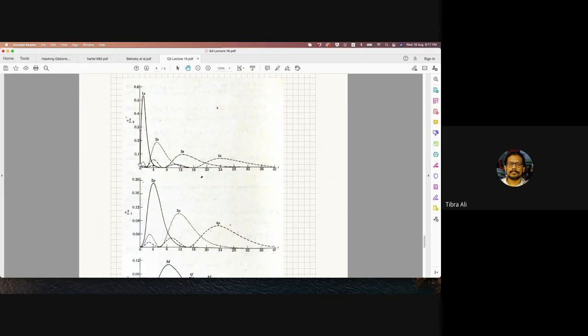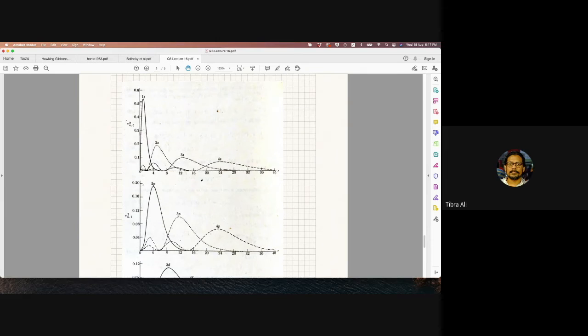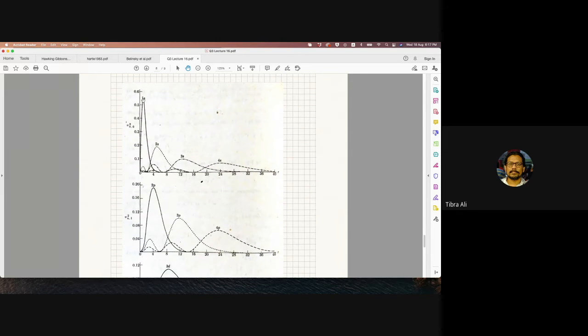And as I told you, for L equals 0 the particle can get pretty close to the nucleus, right? And if you look here, the lowest energy state, of course, has its maximum right where we expect the Bohr radius to be.